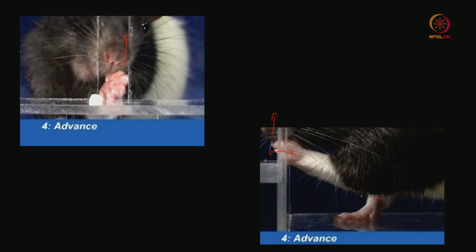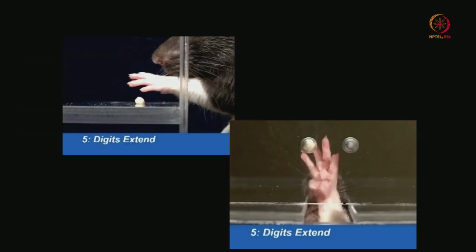At the same time, it is balancing with the other forepaw on the ground. That is the beauty, and that is where the precise movement of the distal forelimb comes into the picture, and that is why this is going to give us a lot more neural signals and a lot more information about the distal forepaw as opposed to any other tasks that are available.